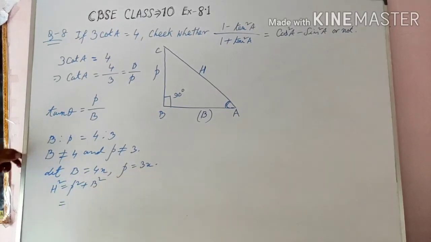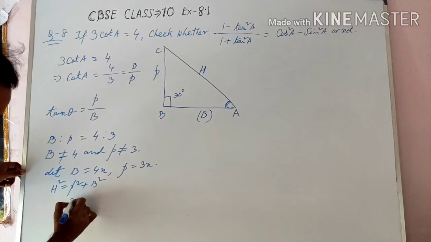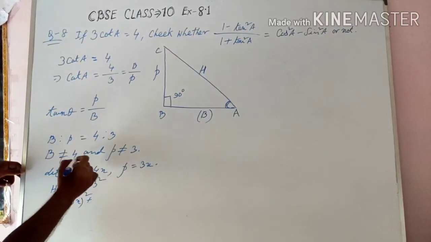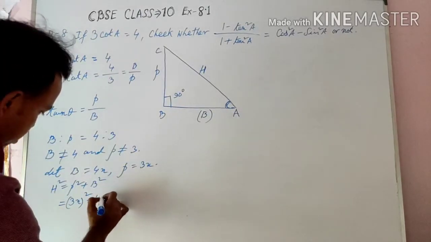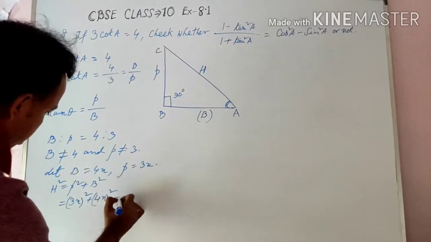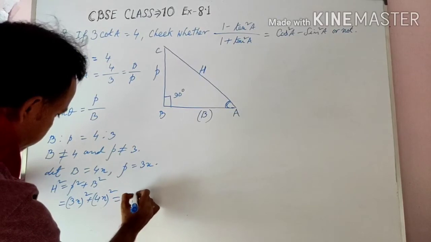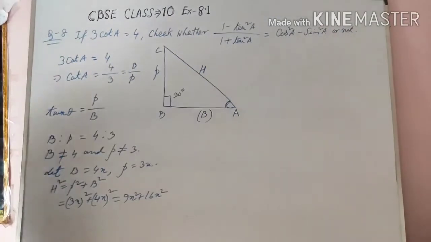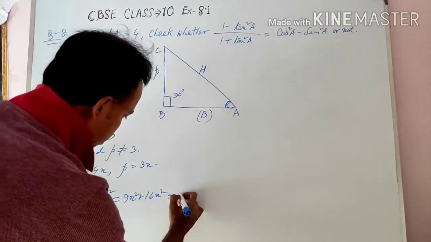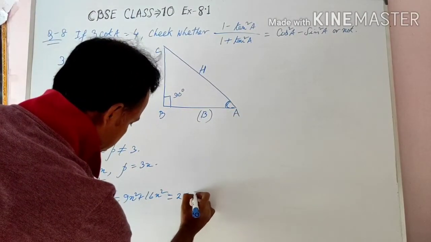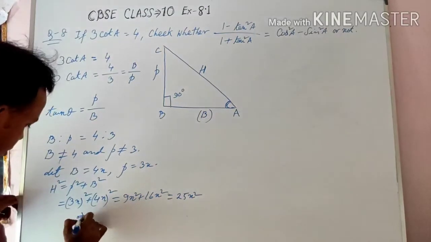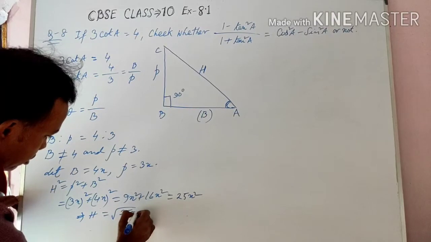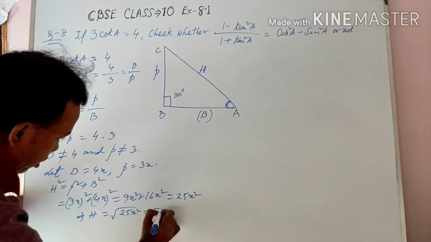Put the value of perpendicular 3x square and base 4x square, is equal to 9x square plus 16x square, is equal to 25x square, or hypotenuse is equal to root over 25x square, is equal to 5x.